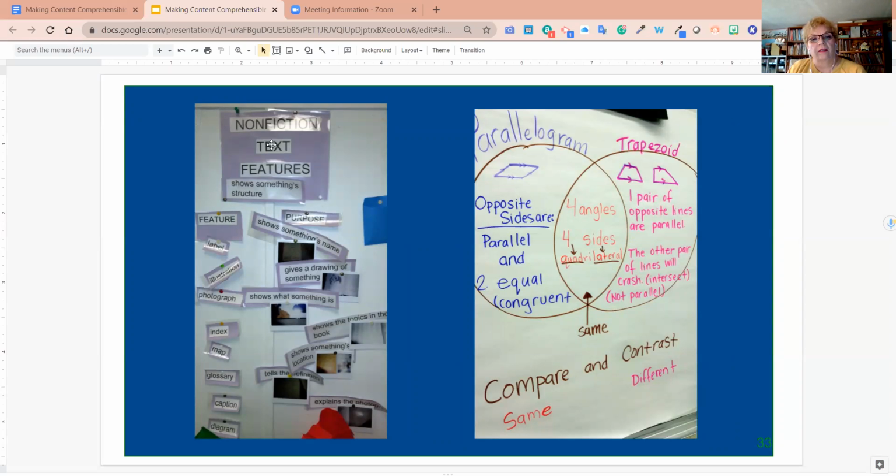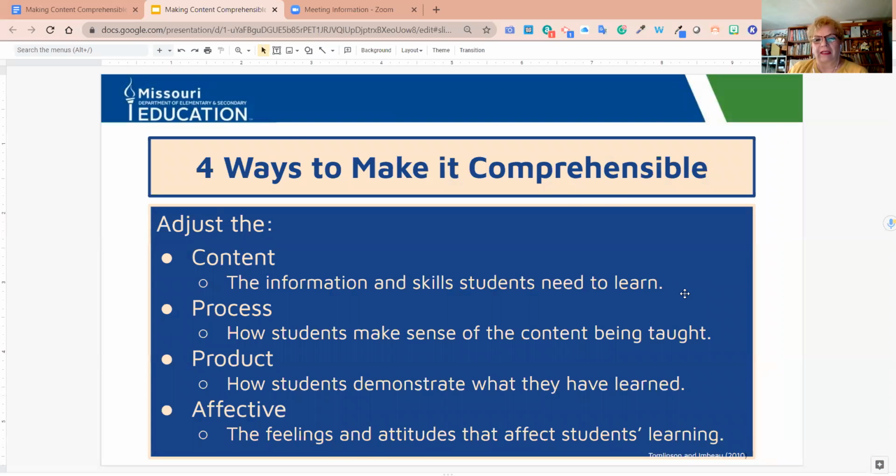And we've got non-fiction textbook text features, and another math chart showing compare and contrast. So again, these are things I would keep up on the wall or make copies for them to keep in their notebooks.